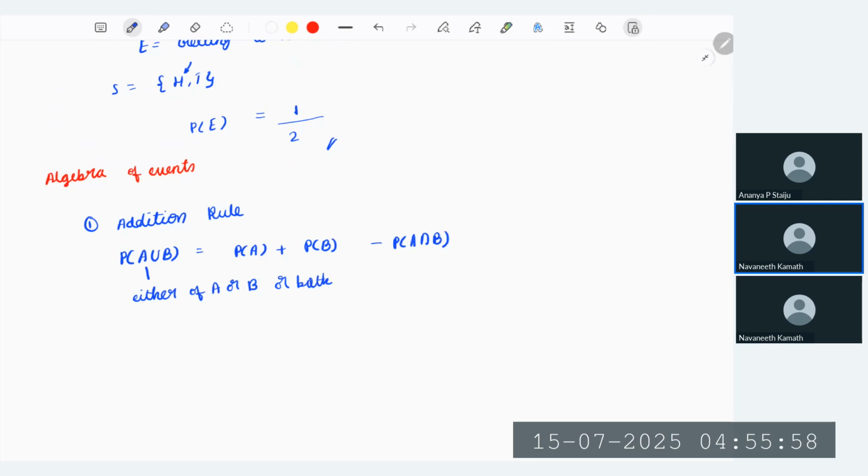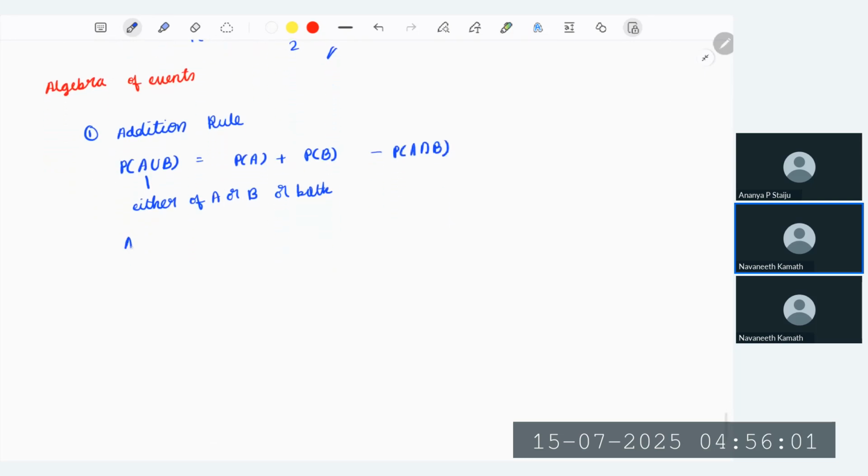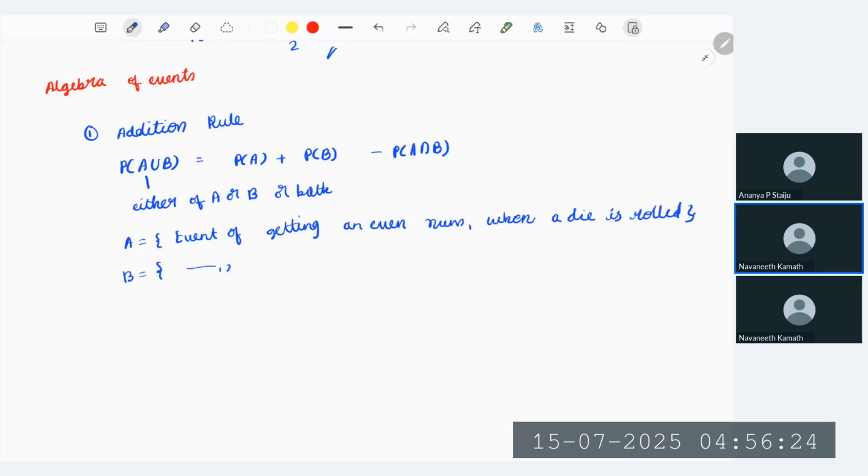Suppose my first event A is the event of getting an even number when a die is rolled, then suppose B event is the event of getting a prime number when a die is rolled.